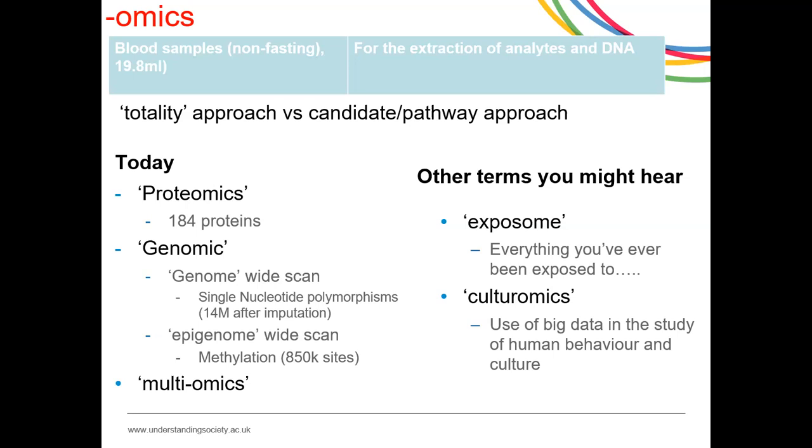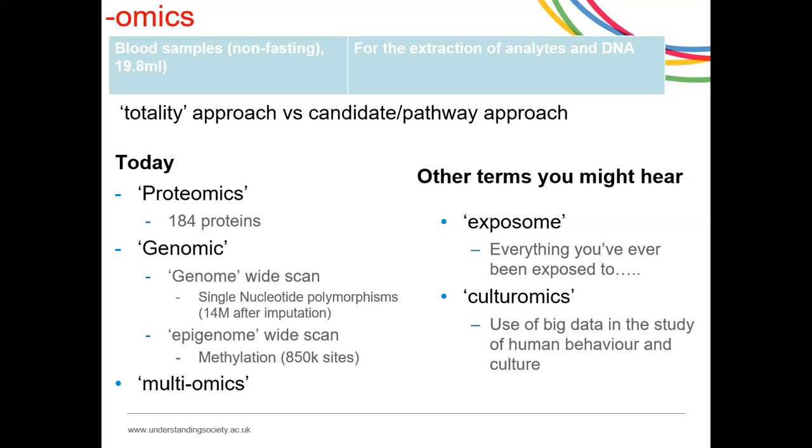We'll make those available soon, and you can look at those and your phenotype of interest. And so people put these things together and talk about multi-omics or integrated omics in terms of these types of data.